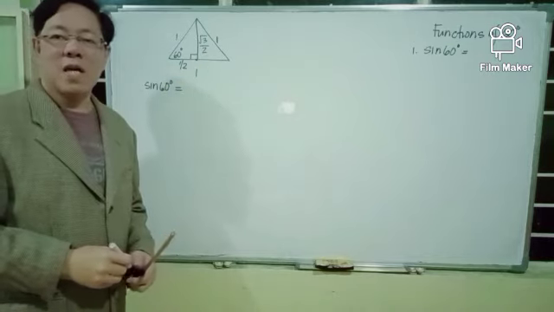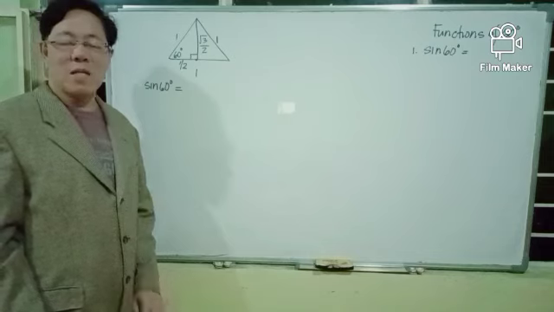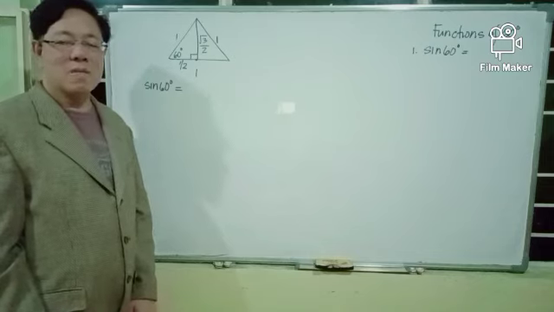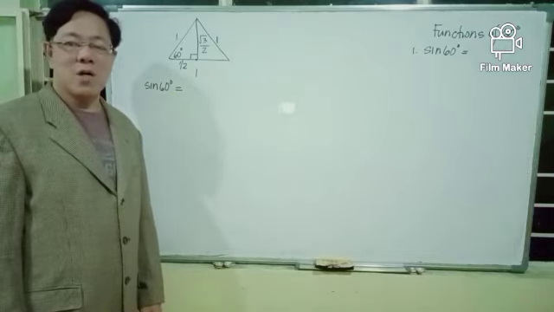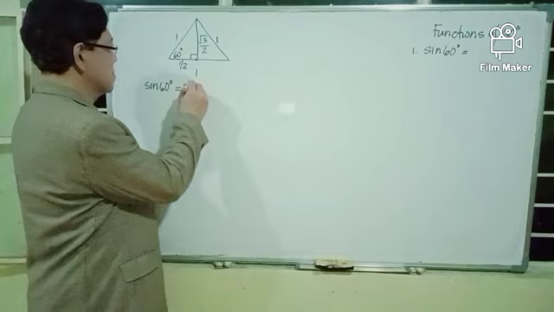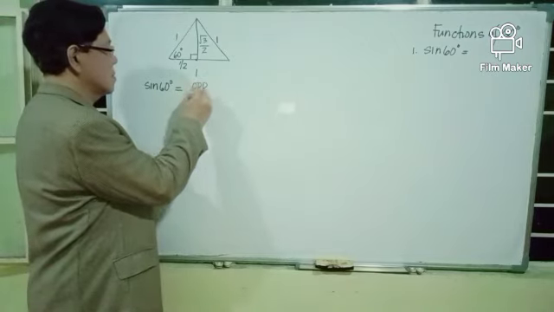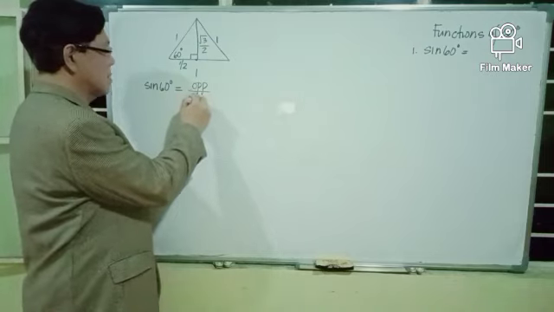We start with sine of 60. We define from the previous lesson that sine of an acute angle, such as 60, is equal to the ratio of the side opposite 60 divided by the hypotenuse.